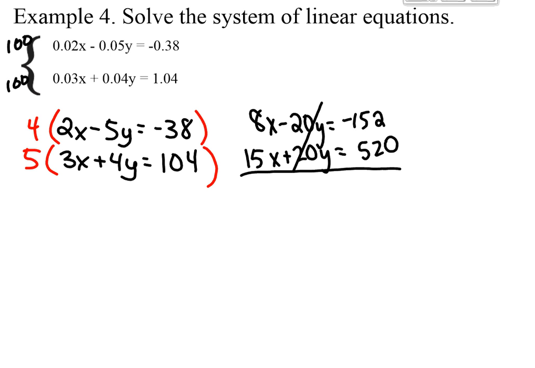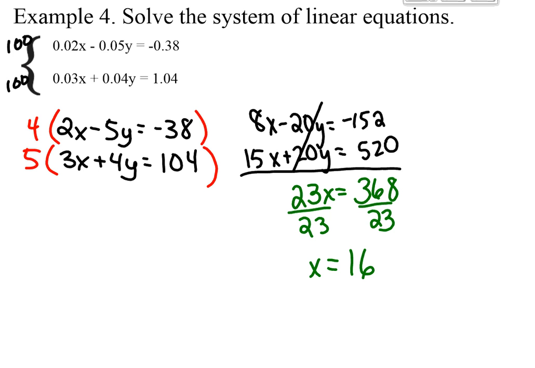And then again, those are going to drop out. So 15x plus 8x is 23x equals, what's 520 minus 152? 368. And then when we divide by 23, I believe that should divide evenly. x equals 16 for that one.